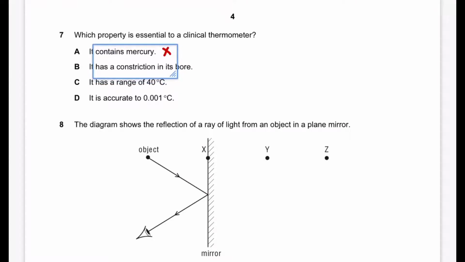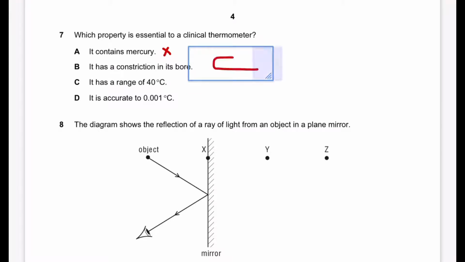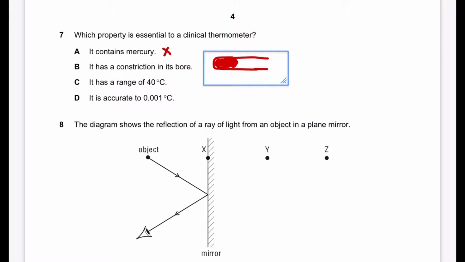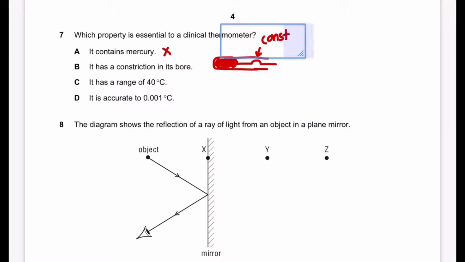It has a constriction in its bore. Constriction meaning, this is the thermometer. This is the bulb. Let's pretend that's the bulb right there. Constriction is this little bump right here. Let me write this down. Constriction.